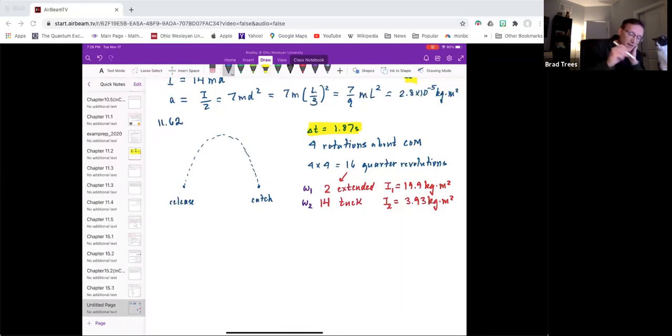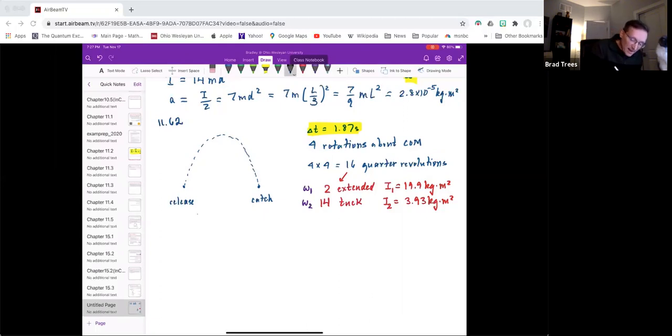Now, the key thing here is that as this aerialist, as he's called, is doing his somersaults through the air, the only force acting is gravity. Gravity acts at his center of mass. Therefore, gravity can't produce a torque about the center of mass.